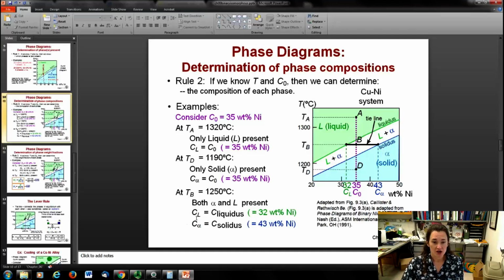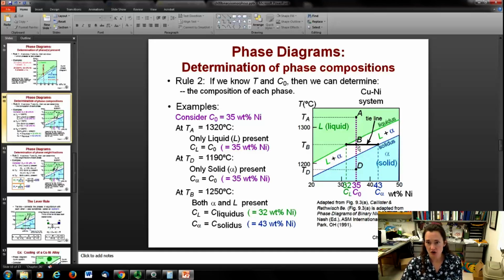So the concentration of my liquid phase is, if I go over and look at the intersection with my liquidus line and I drop down and see what the concentration percentage is at that intersection point, then I see it's about 32, okay? So that means that the concentration of my liquid phase in this liquid plus alpha region at this very specific temperature is 32 weight percent nickel, okay?